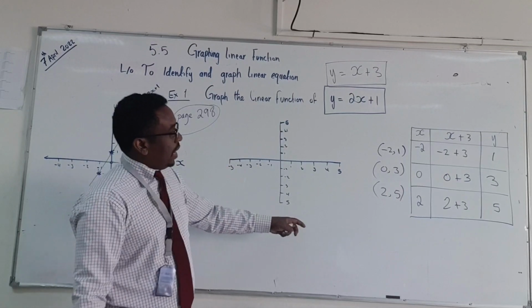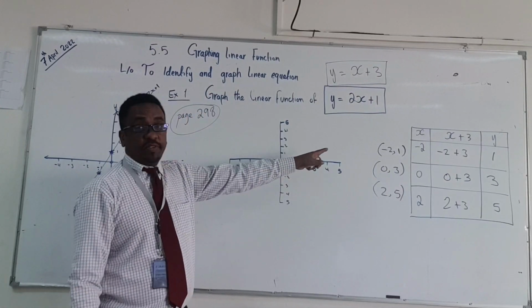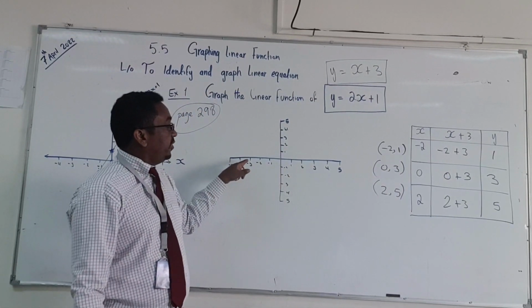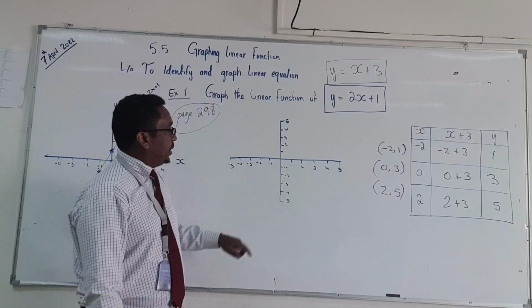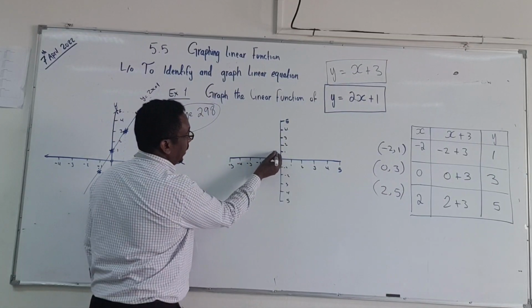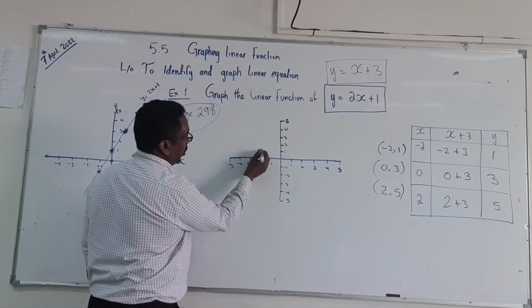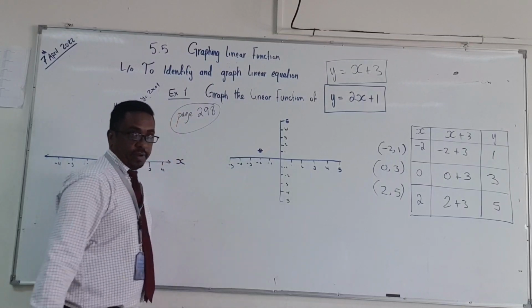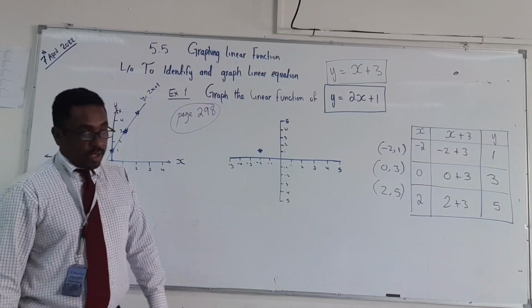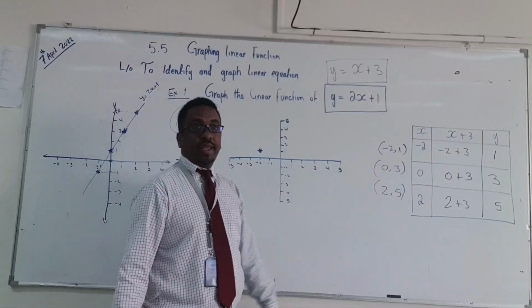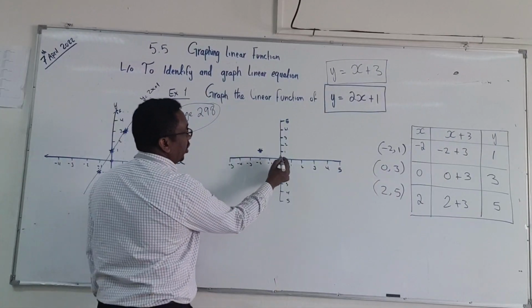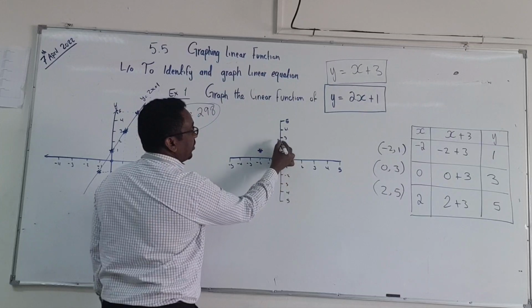So how do we connect now? Where is minus 2 on the x-axis and 1 on the y-axis? Where do they meet? Here. So this is the meeting point. We put a little x there. Where is 0 and 3? On the x-axis 0 is here, on the y-axis 3 is here.